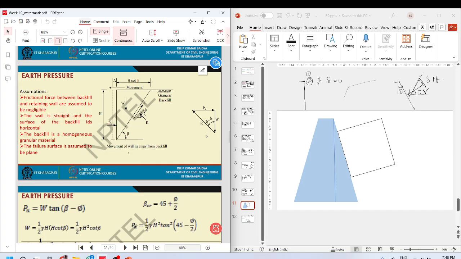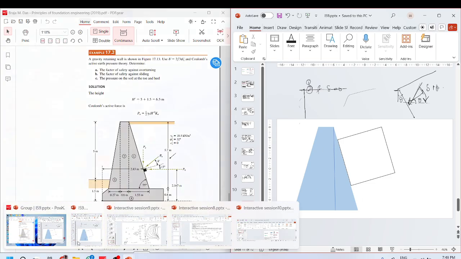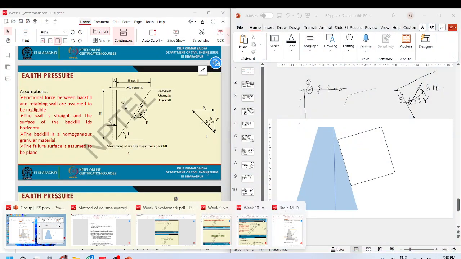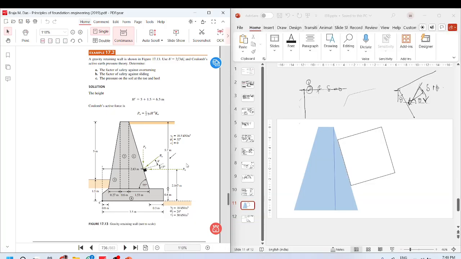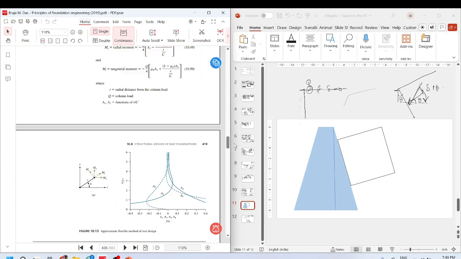Now again, if the surface of the backfill is not horizontal, we will have to adjust this again. How will we adjust that? If the surface of the backfill is not horizontal.